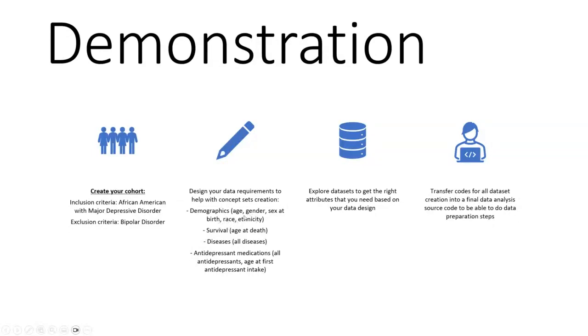In healthcare research and in EHR, they differentiate race from ethnicity. For ethnicity, usually the question is, are you Hispanic or not Hispanic? Okay, Hispanic or Latino or not Hispanic or Latino.